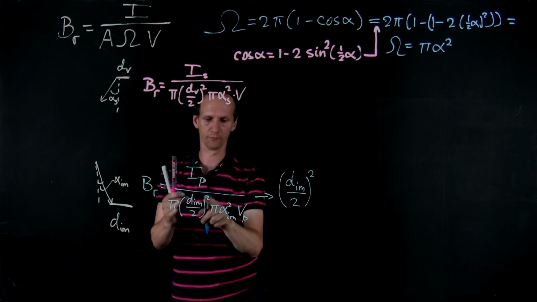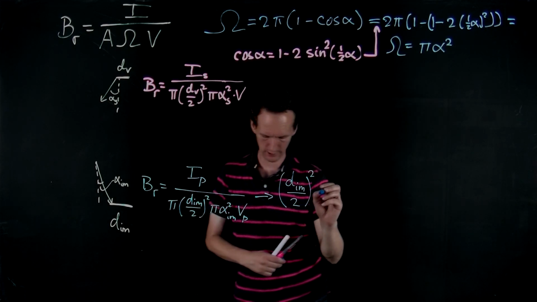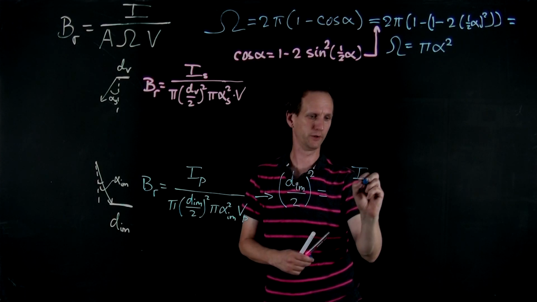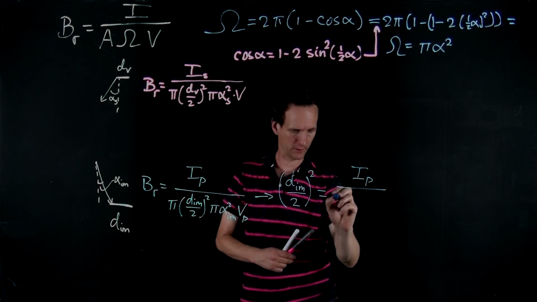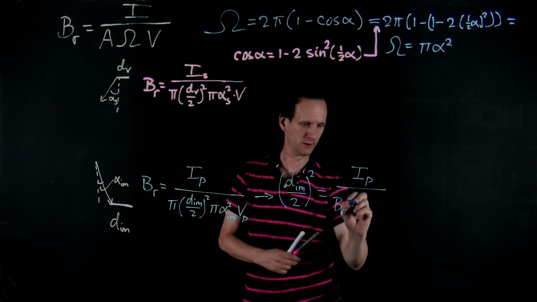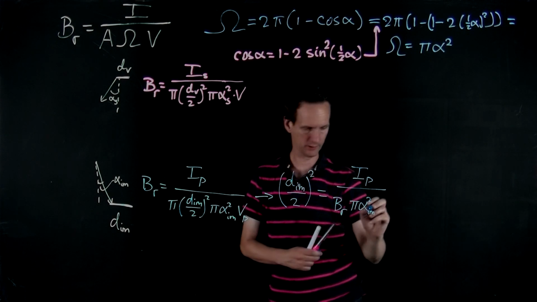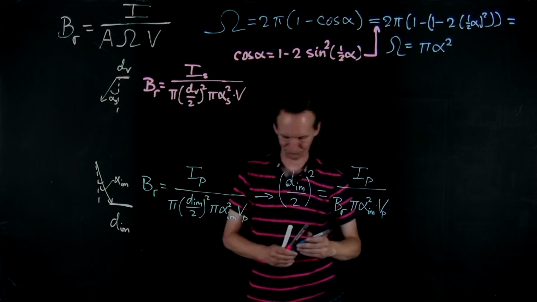If we take the d image over 2 squared out, we see that this is equal to the probe current divided by the reduced brightness times pi times the image opening angle squared times the voltage in the probe.